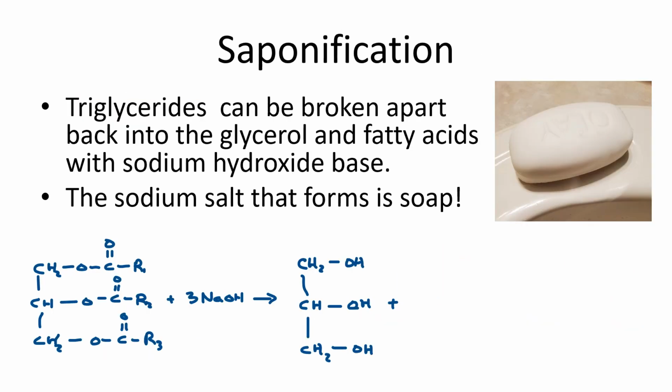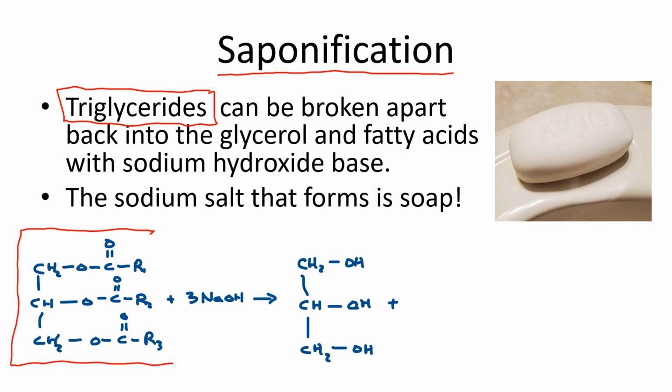So the last reaction we're going to look at involving esters is going to be saponification. And what you do is you start with a triglyceride, one of those fats or oils from a plant or an animal, and you're going to throw in a very strong base. And the base is going to go through and snip all these bonds, and you're going to end up with the glycerol back, and you're going to have the sodium.